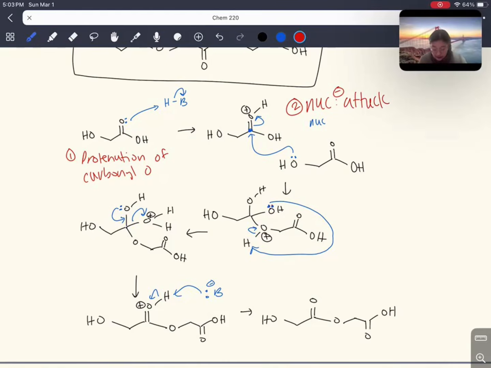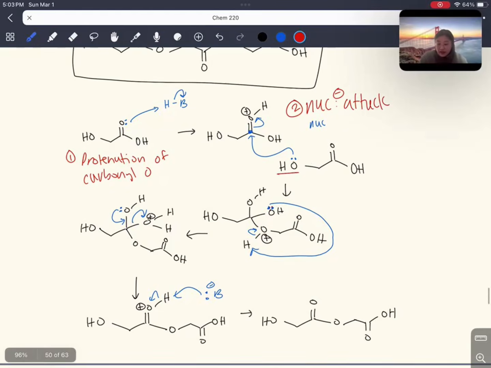It's going to be attacked by the alcohol on the other molecule, because the lone pair on the oxygen of that alcohol is your most nucleophilic site, and it will do the attacking. Our third step is going to be a proton transfer, because again, any oxygen that has a lone pair available can be protonated or deprotonated.